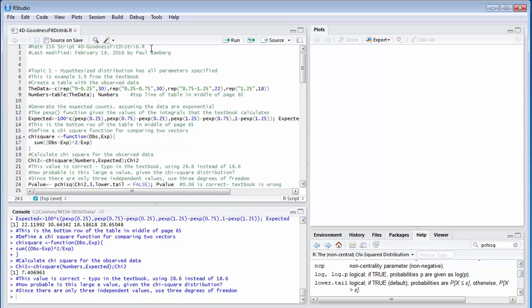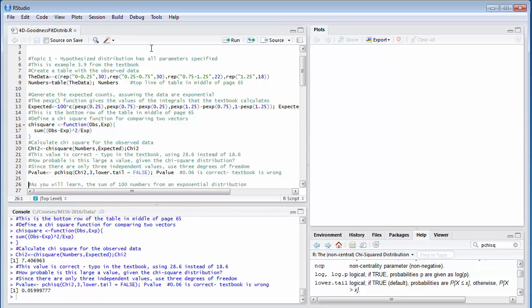That's the function p chi-squared, the distribution function, with lower.tail equals false, so we get the probability that chi2 exceeds the given value, and the comma 3 means 3 degrees of freedom, and when we calculate this we get 0.06. Hey, you say you've done something wrong. That's not what it says in the textbook. No, I'm right. The textbook is wrong.